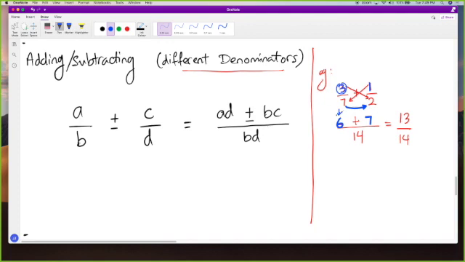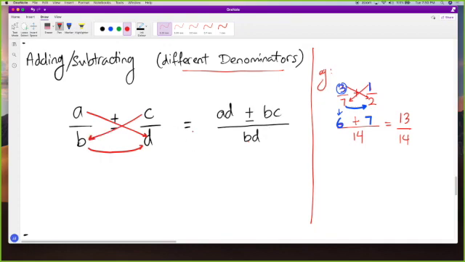If you're confused about it, this will work. So you can see here it is the same thing. First, you multiply b times d gives you bd. Then you cross multiply. a times d is ad, and then you have your plus or your minus, and then you have c times b is bc.